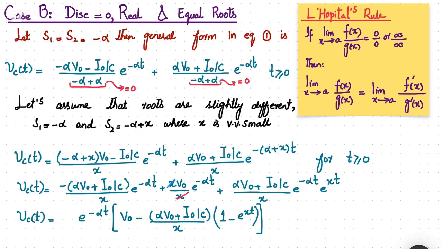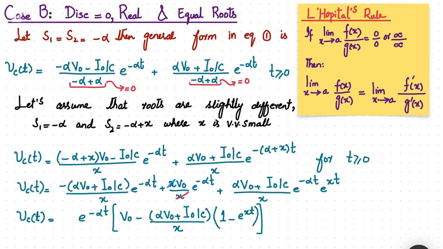What is L'Hopital rule? If limit x approaches a is inserted in f of x over g of x, and the result is either 0 over 0 or infinity over infinity, meaning an indeterminate form, using L'Hopital rule we can convert this into the same limit x approaches a, but with numerator and denominator converted into f derivative of x divided by g derivative of x.